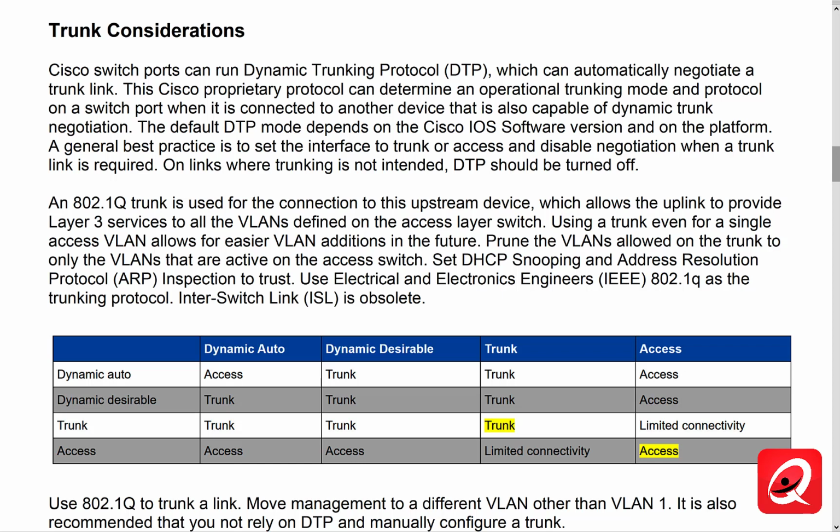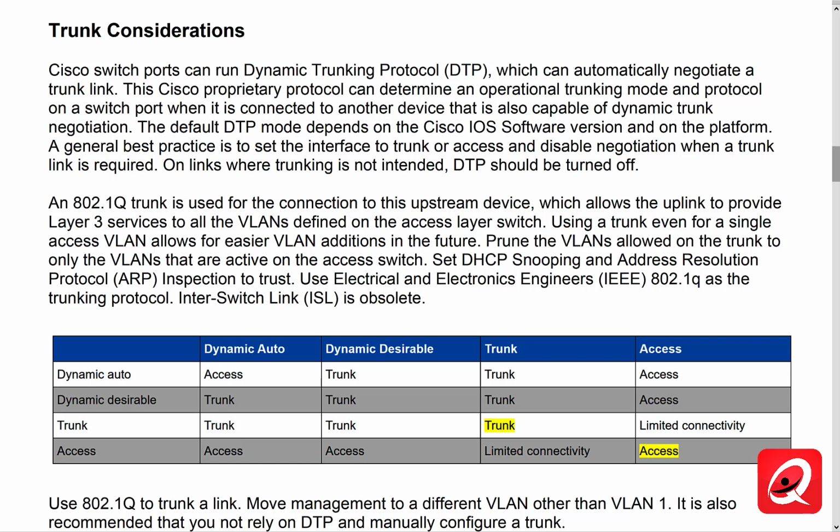Just a quick refresher on trunk interfaces. Trunk interfaces are interfaces that are not specifically assigned to a particular VLAN, but they do pass traffic for multiple VLANs. Anytime an interface needs to pass traffic for multiple VLANs, it would be implemented as a trunk.